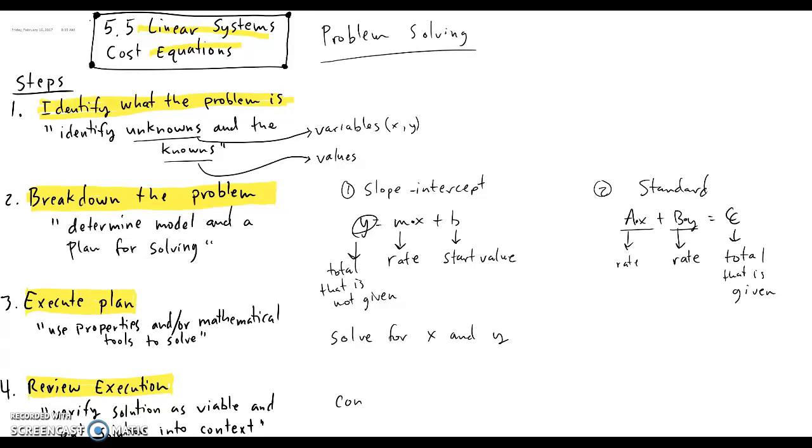We're converting our algebra to the real world. And discussing whether or not our solution is viable, right? Should we get a decimal? Should we not get a decimal? So these are the 4 steps to problem solving any type of problem, and then obviously specifically linear systems.